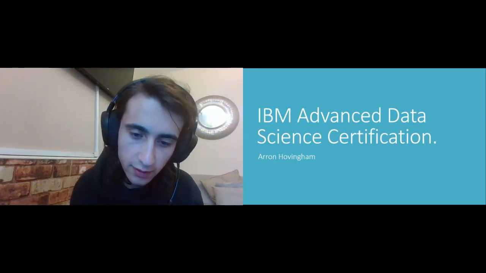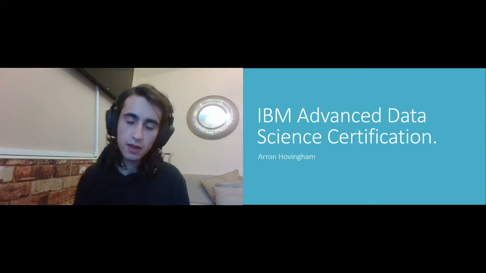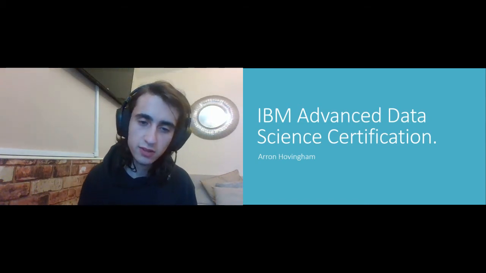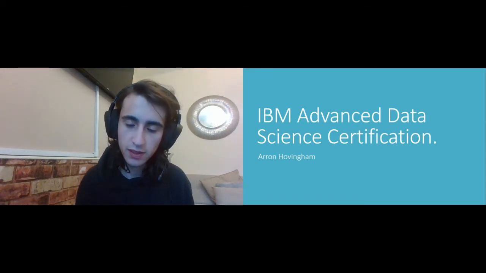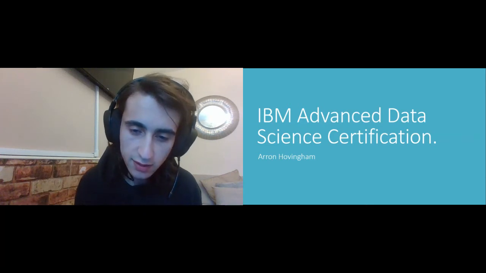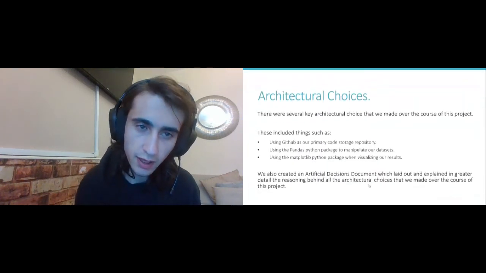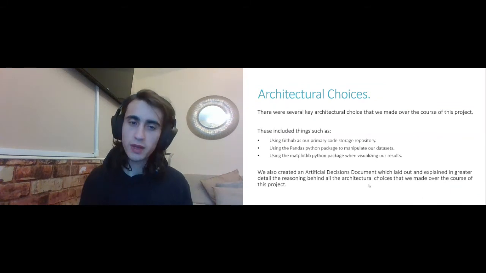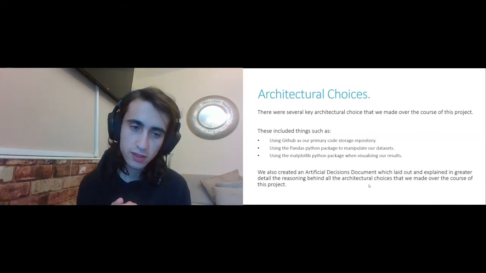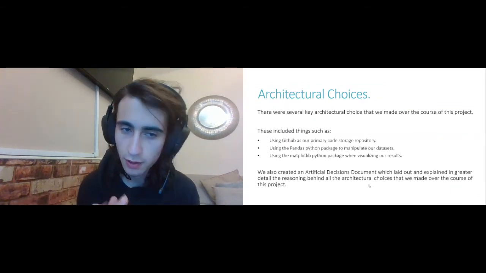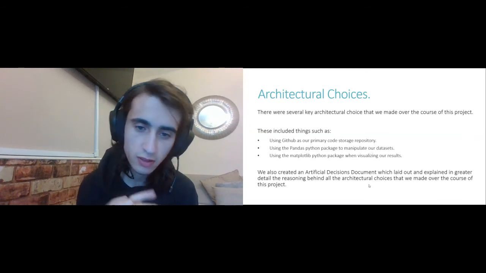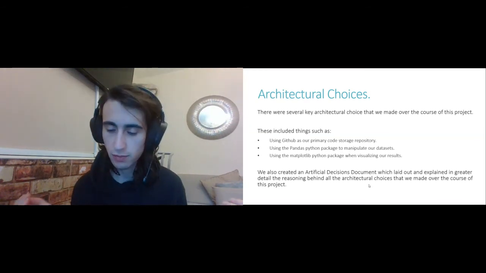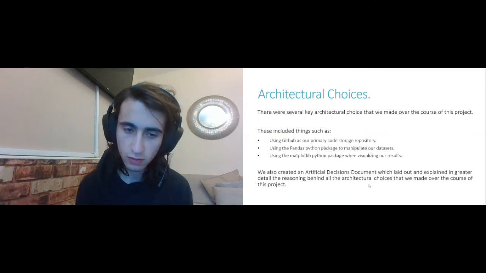So this is the presentation that we made, tailored more towards data professionals, data peers, than stakeholders. During this project we made a lot of key architectural choices. We used GitHub as a primary code repository, used pandas to manipulate our data sets and merge them together into one.